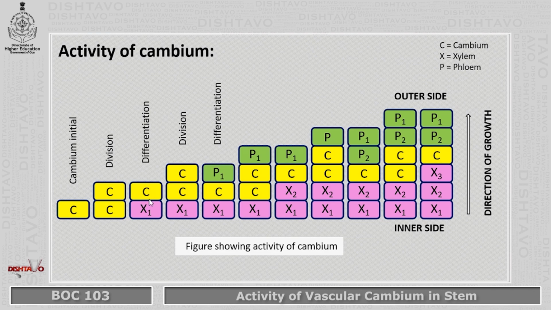This particular cambial cell undergoes mitotic division to form two daughter cells, wherein one retains meristematic activity, and the other gets transformed into a phloem element, or phloem cell. Similarly, as growth advances, different layers of xylem and phloem are produced within the plant stem.